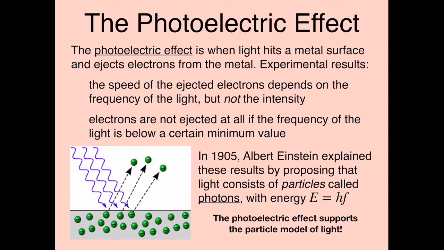It's just a constant of nature. So in other words, the photoelectric effect supports the particle model of light, not the wave model of light. In fact, it's really hard to understand the photoelectric effect unless we think of light as being a type of particle. So let's get a little bit deeper into that.